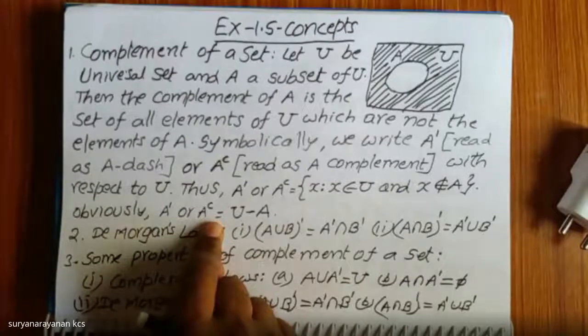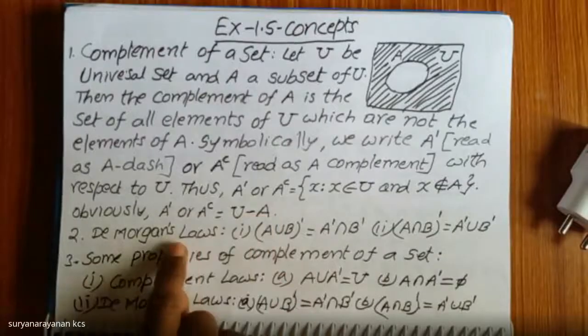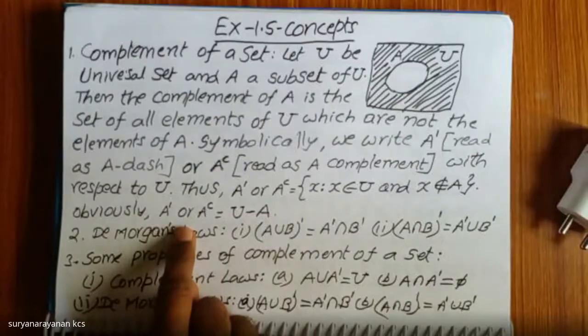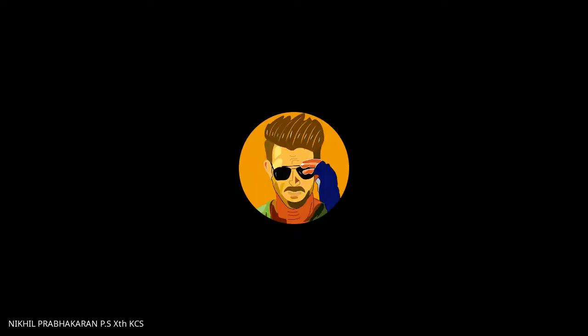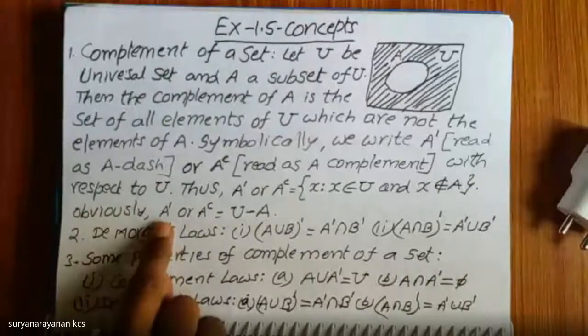A dash complement equal to universal set minus A. Very good. My dear Richard. Sir, A dash or A complement is equal to universal set minus A. My dear Nikhil. Sir, A dash or A complement is equal to universal set minus A. My dear Mahima.